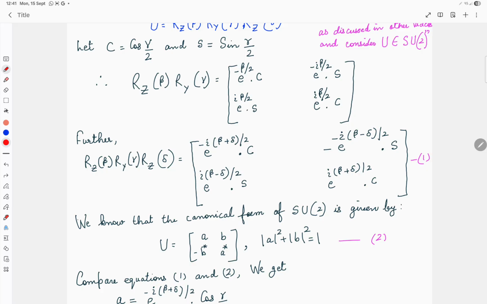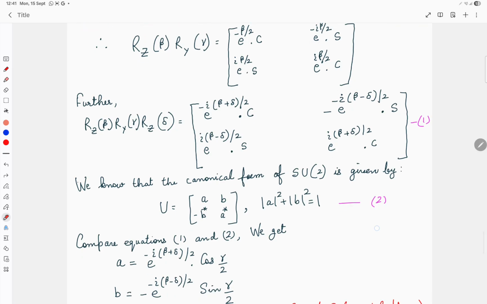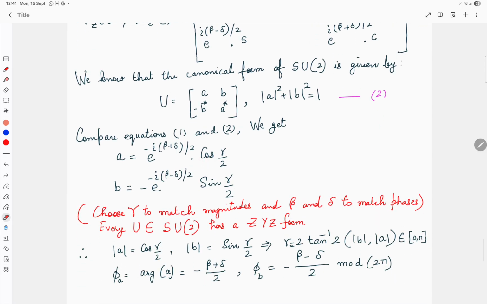Now you compare the elements. Element A will be equal to this element, and element B will be equal to this element. Now if this is A and this is B, you find out the magnitudes and the phase. Phase of A is the argument of A. What is the argument of A? Minus beta plus delta by 2.